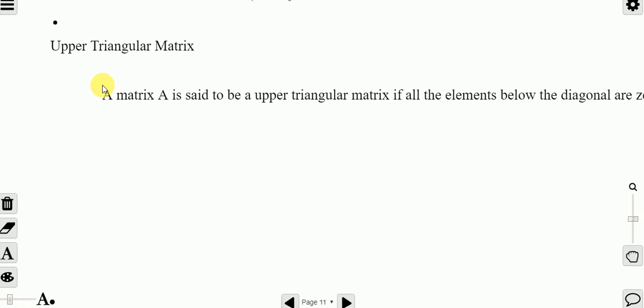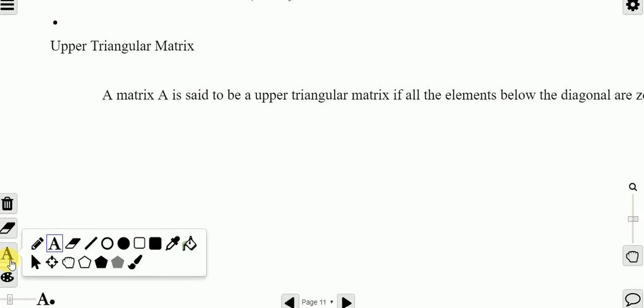If all the elements below the diagonal are 0, then that is said to be an upper triangular matrix.